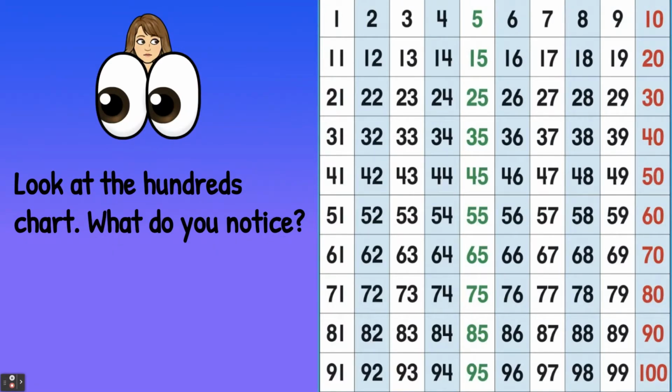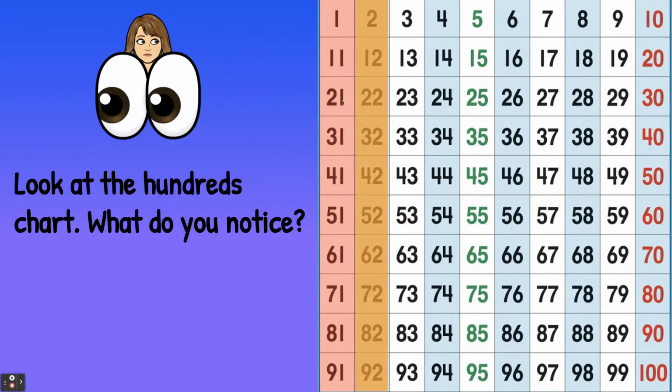I'm going to show you what I see. In this column, every number in the 1 column ends with 1. Every number in the 2 column ends with 2. Every number in the 3 column ends with 3.